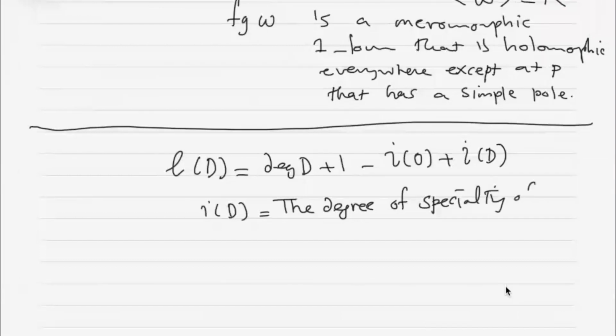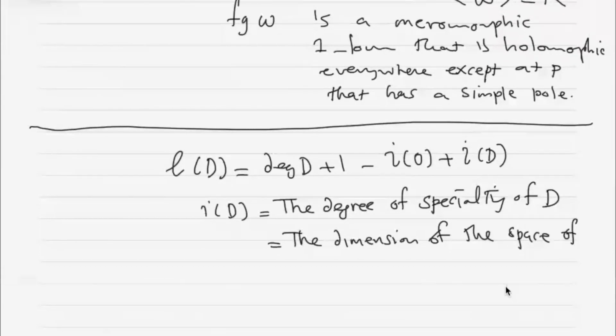This is a terminology coming from the 19th century, and this means the dimension of the space of obstructions to the Mittag-Leffler problem.